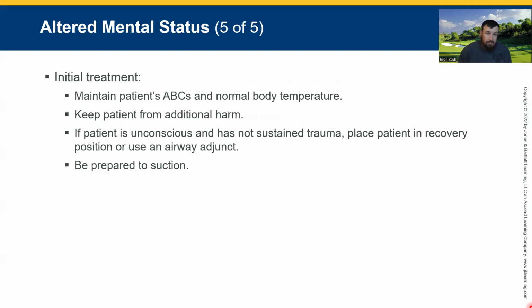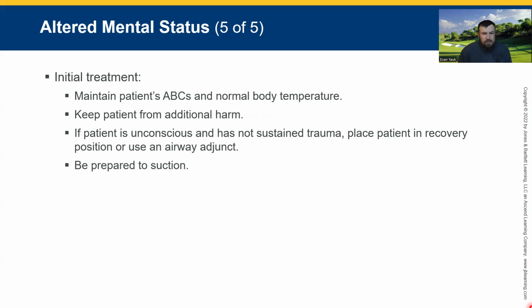We can start CPR when their pulse stops and all that. Part of this is treating for shock, so maintaining that normal body temperature. A lot of conditions will make people go into shock, so we just want to make sure that we are not losing body heat.